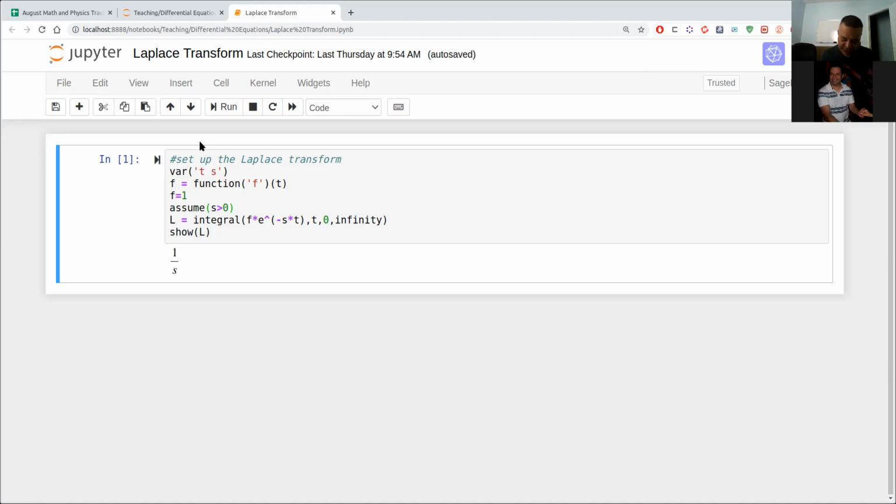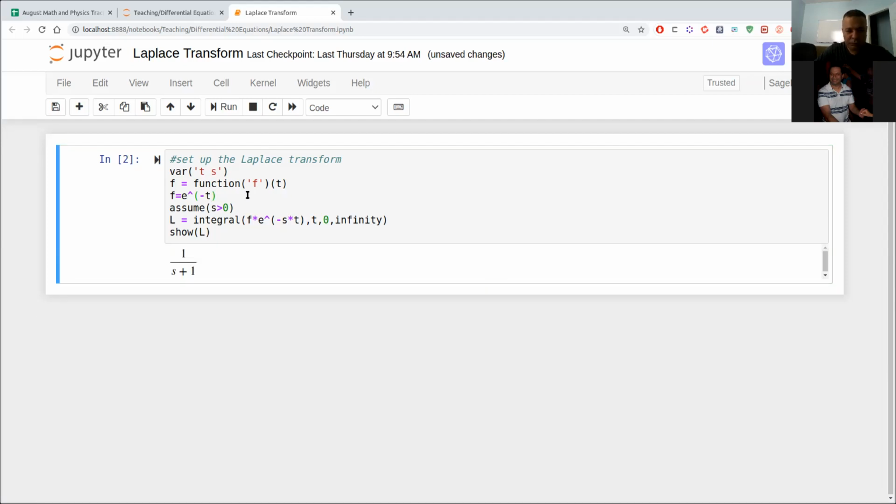The next one we're going to do is the Laplace transform of e to the negative t. Now, I'm not going to change my assumption yet. I know what it should be. According to the first theorem we said, our s should be bigger than -1. I'm not going to put that assumption in, and you're going to see it's going to spit out something wrong.